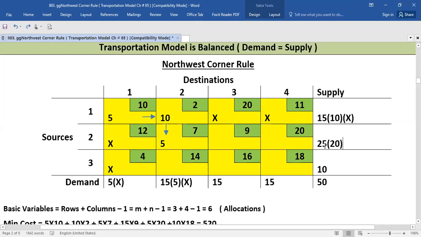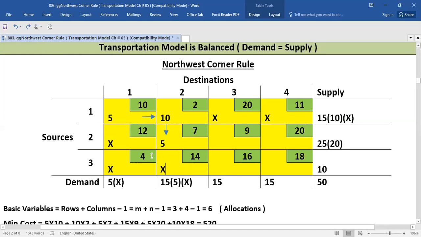You are left with 20 supply, which is written in front of 25 into the bracket, which means 20 supply is now left. 25 reduces to 20. And here we have cross sign, as if you subtract this 5 from this 5, you are left with nothing. So the cross sign is in this column, and in this column you notice that there is one cell blank. So you will put cross sign into this cell like this.